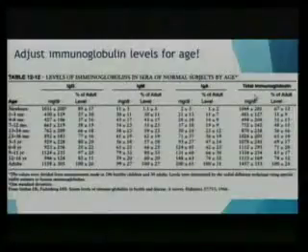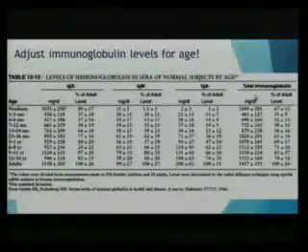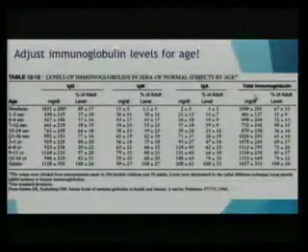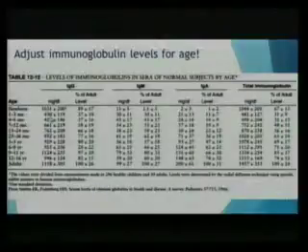The other big thing about immunoglobulin levels is they increase as you age, for the most part, especially in early childhood. Unfortunately, our lab does not adjust the levels per age. So you have to look at your Harriet Lane or online and get a table that shows you the different ages and the typical range for immunoglobulin levels.